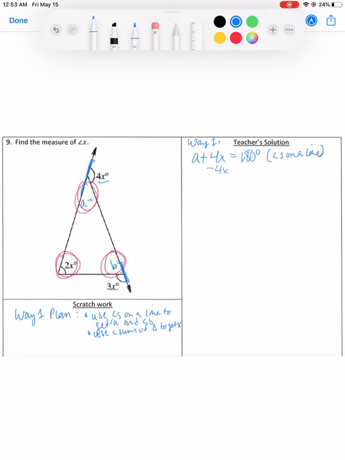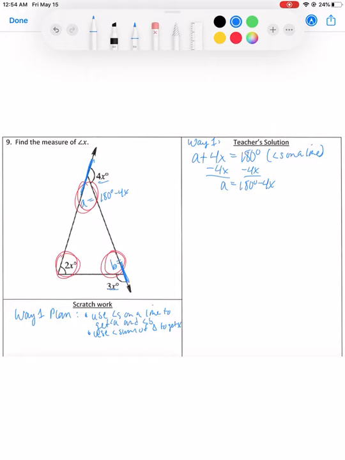Subtract 4x from both sides. Now it's okay that 4x is still there. So we have A is equal to 180 minus 4x. Okay, there is an expression to indicate this quantity here. So we don't have numbers here per se. I'm going to write that in here now, my figure.